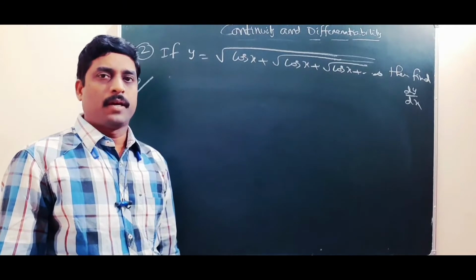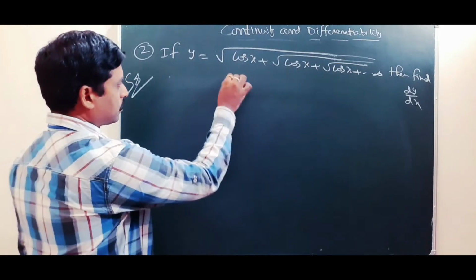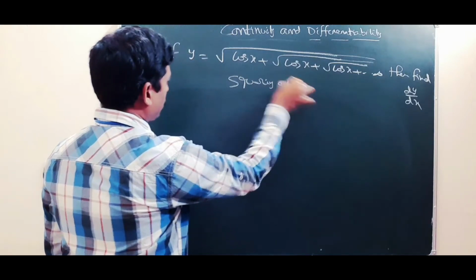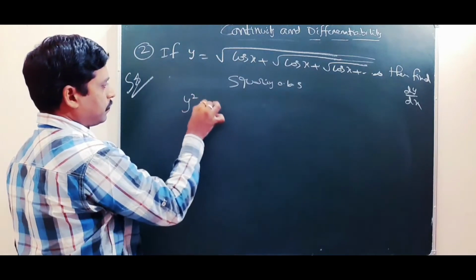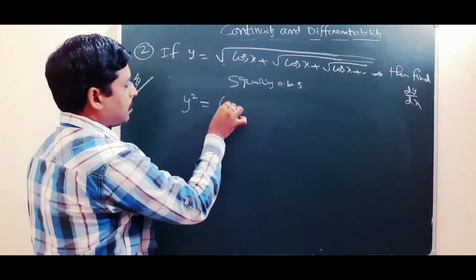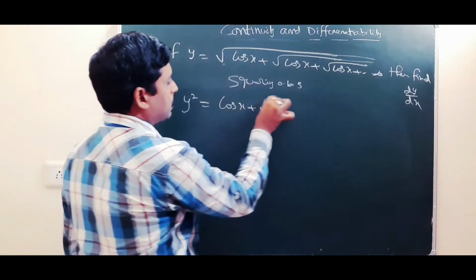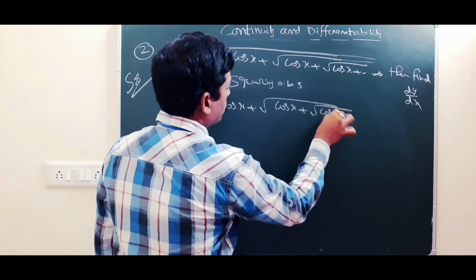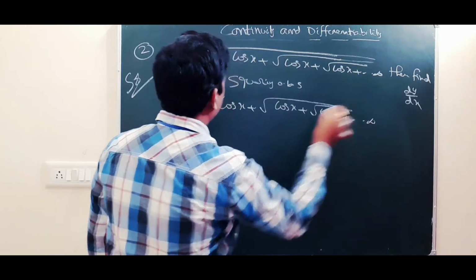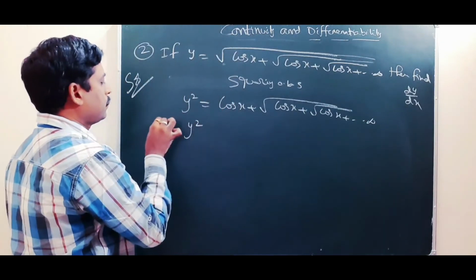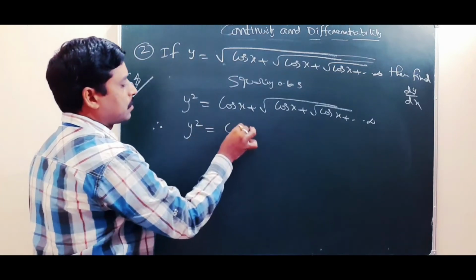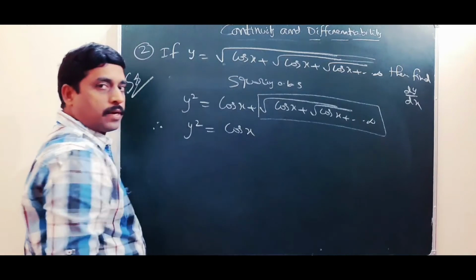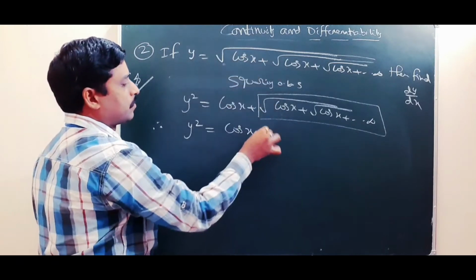Now we explain according to the process. Squaring on both sides, y square is equal to cos x plus root under cos x plus root under cos x up to infinity, where the root gets cancelled. So y square is equal to cos x plus y, from the statement.